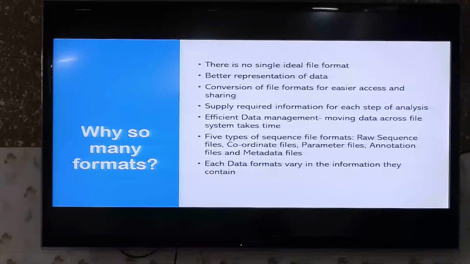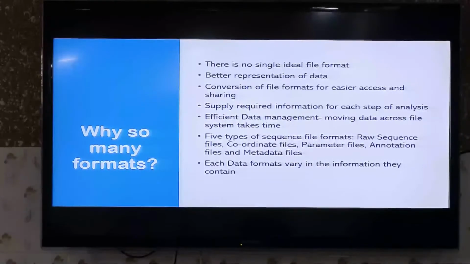That is a file you need to provide to the software in order to run your data. So that type of file will be used as parameter files. Next is the annotation file. The annotation file will have exact information that this particular sequence is a gene or protein kind of sequence, right? And the last one, metadata.